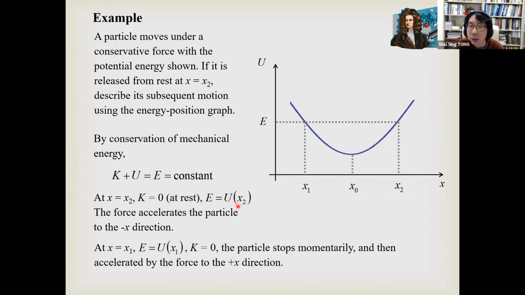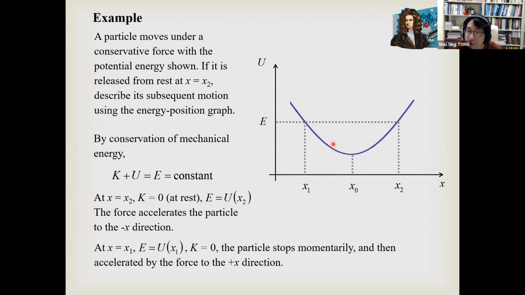Okay. Now the marble slides down. The force is always pointing in the direction of decreasing U. So it goes to the negative x direction. Okay, so it slides down and gets accelerated by the conservative force.